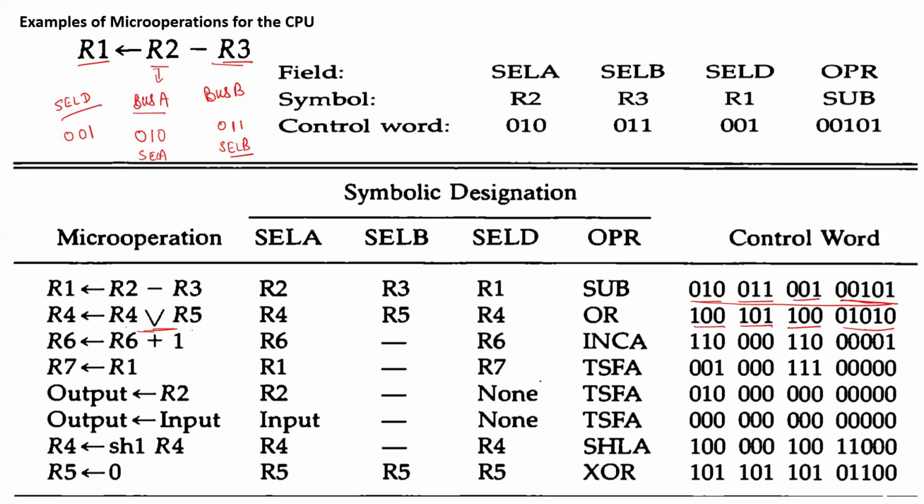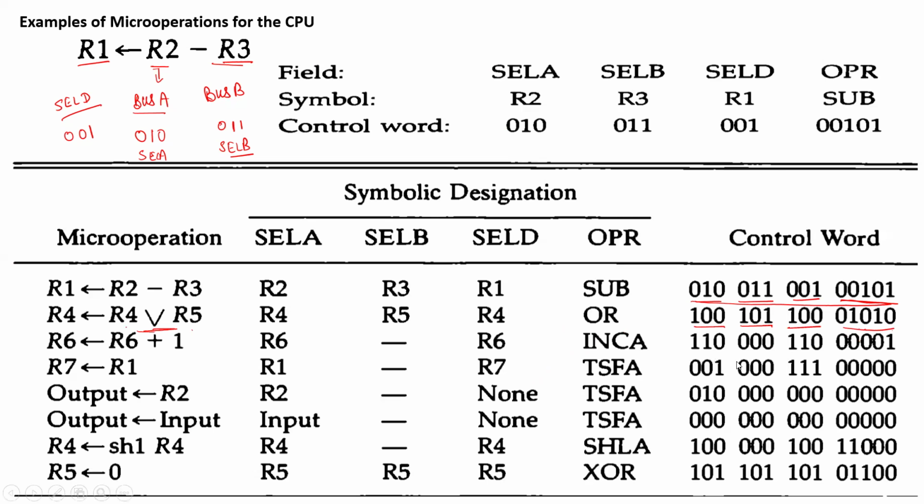Like this, all other operations take place. It's easy to write the combination for cell A, cell B, cell D. But for the 5 bits of the operation, by practice you will automatically be able to remember.